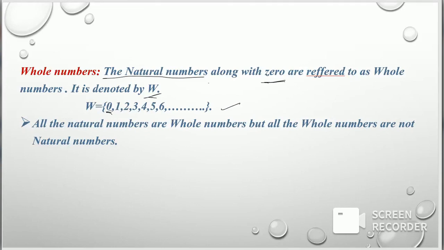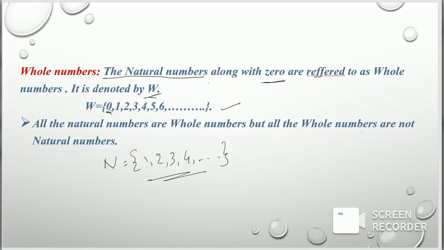One of the most important points is that all the natural numbers are whole numbers, but all the whole numbers are not natural numbers. We know natural numbers are the set 1, 2, 3, 4 and so on. These are all natural numbers and also whole numbers.